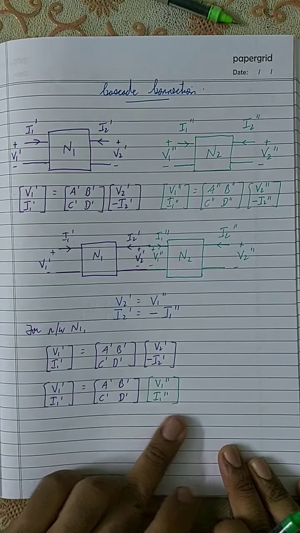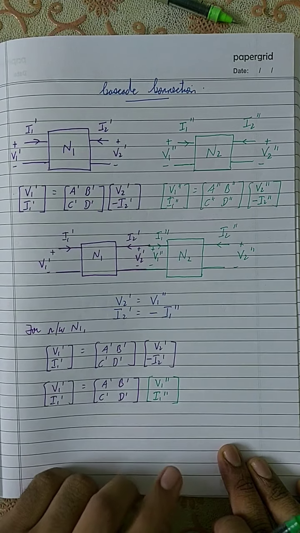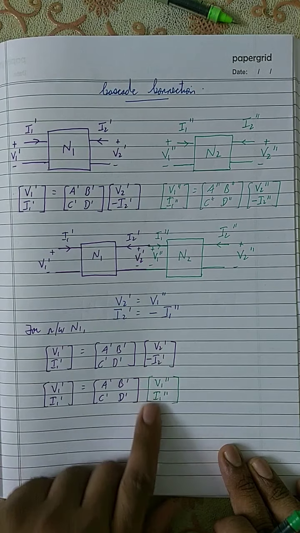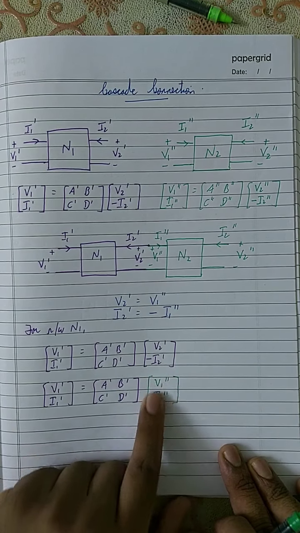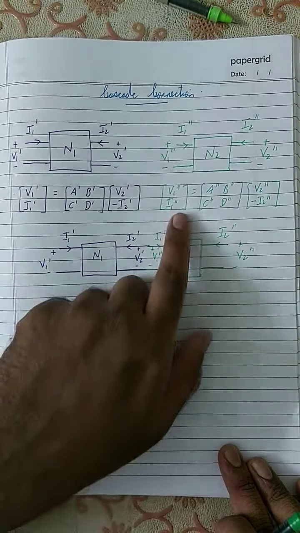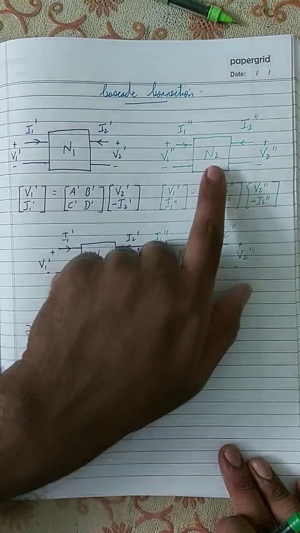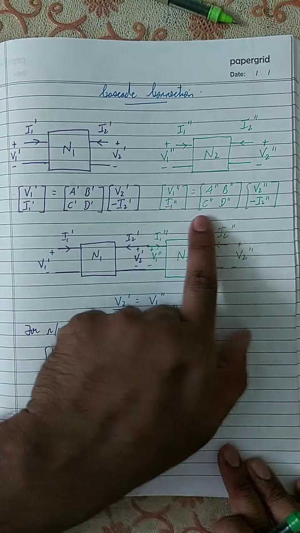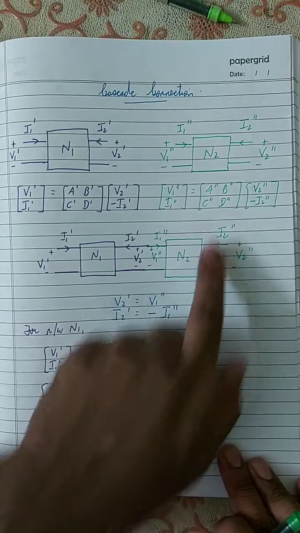Look at the beauty behind this. Now we already know the equation for this matrix, [V1 double dash, I1 double dash]. That is nothing but the matrix equation of the second network. So just substitute that over here.